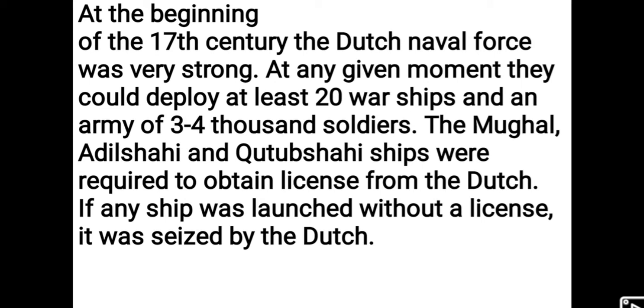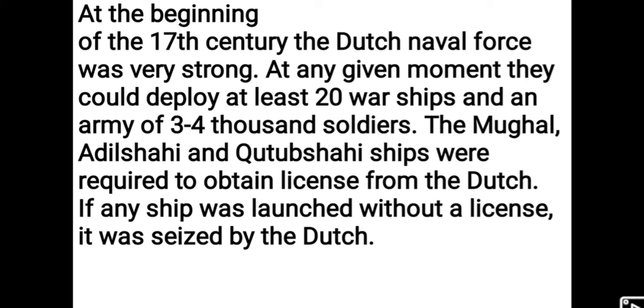If any ship was launched without permission or a license, it was seized by the Dutch. Seized means captured. First, you have to take permission, then only you have the right to do trade by water. Otherwise, all the ships will be seized by the company. This was the rule of the Dutch people, the United East India Company.